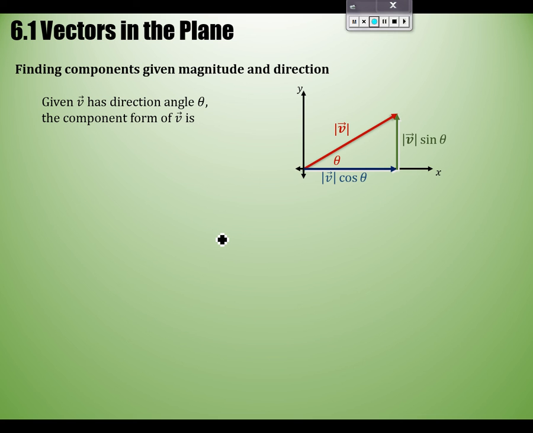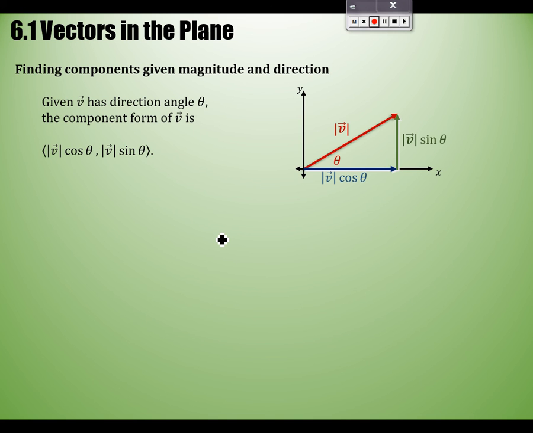You take one of your trig functions and you say that it's equal to the side that you want over the magnitude. Like back in the beginning of trig where we said sine theta is equal to y over r and cosine theta is equal to x over r. It comes right from solving this out from the definitions of the trig functions.